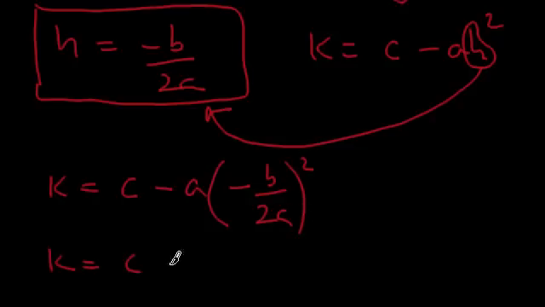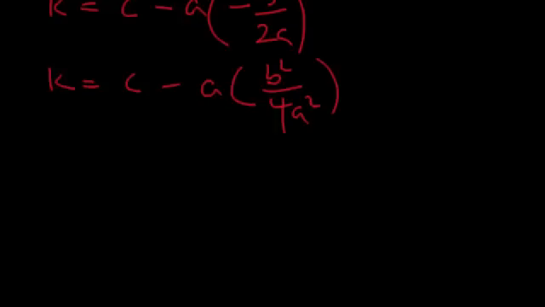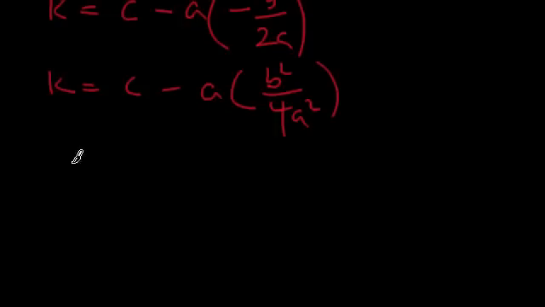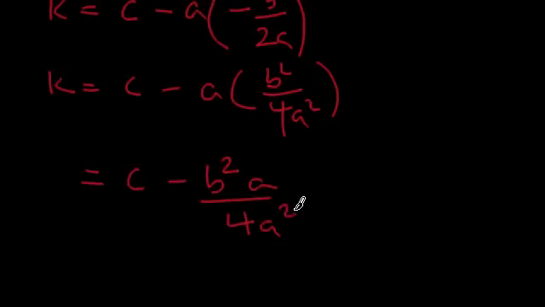k is going to be c minus a times b squared over 4a squared. And let's continue to simplify that. We're going to get c minus b squared a over 4a squared.